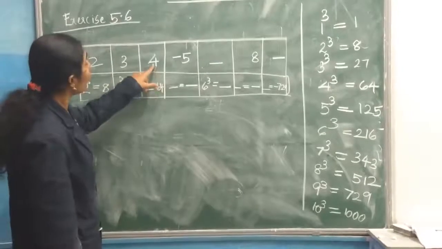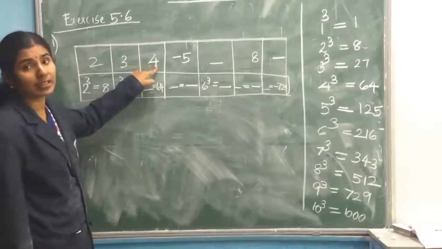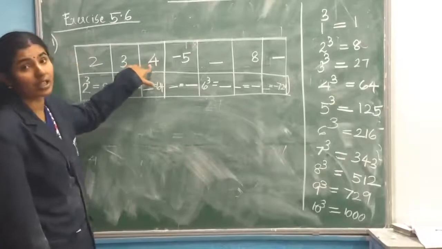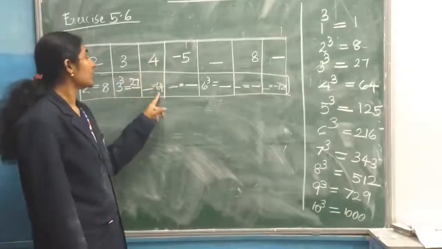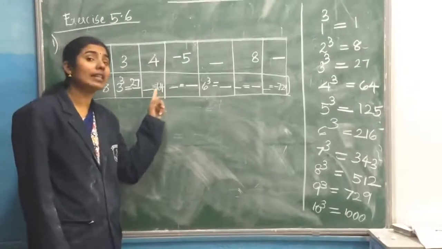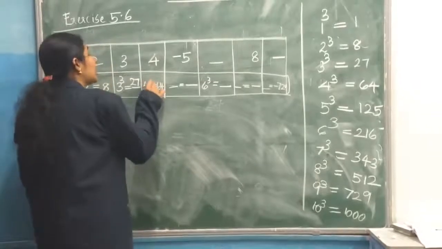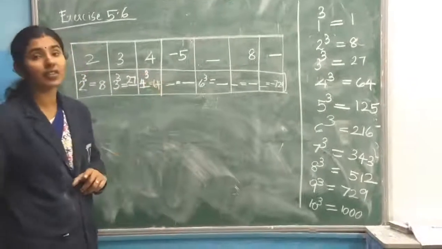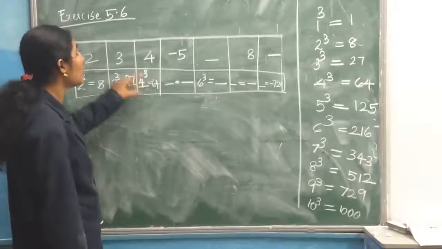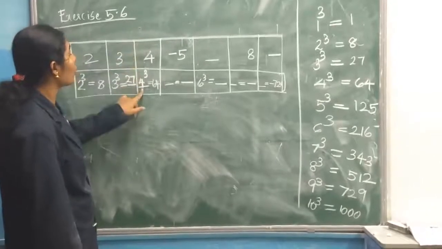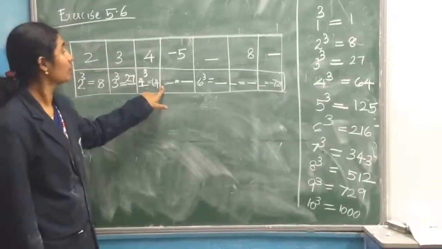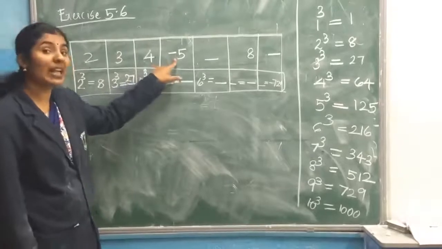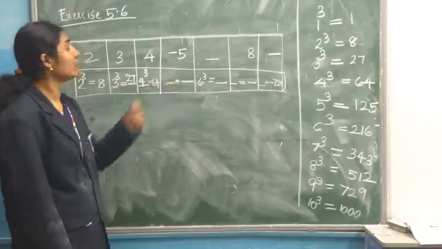Here they gave 4. If you take 4 cube, you will get 64. Next number, -5. How to fill this one?